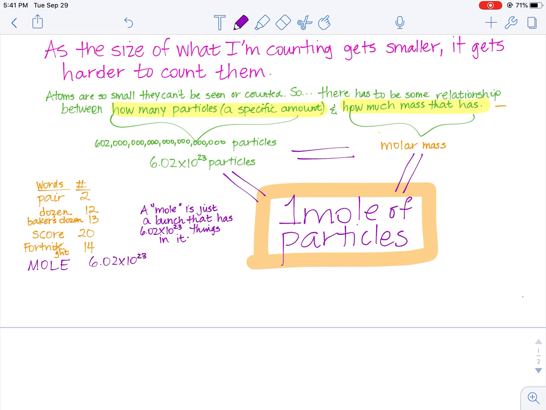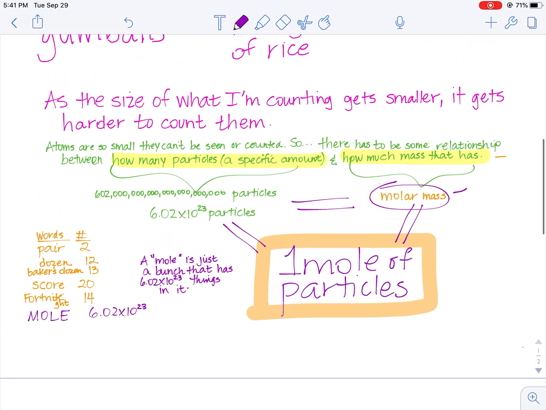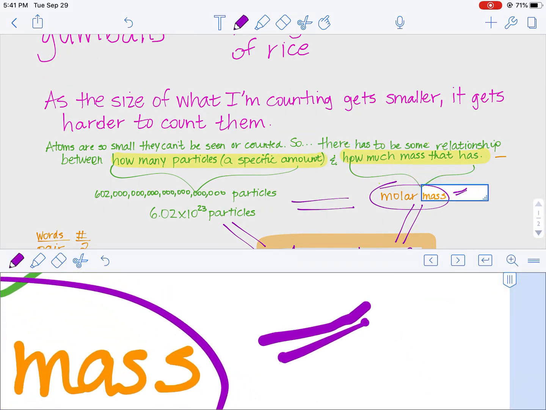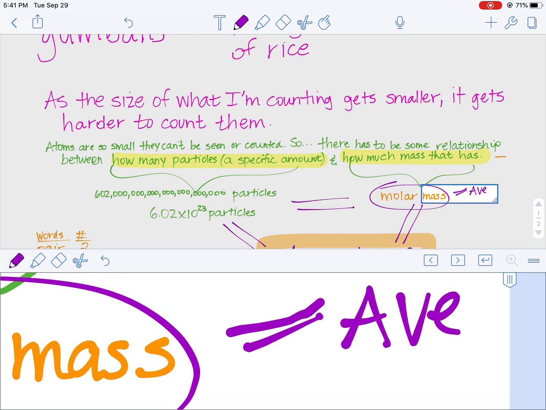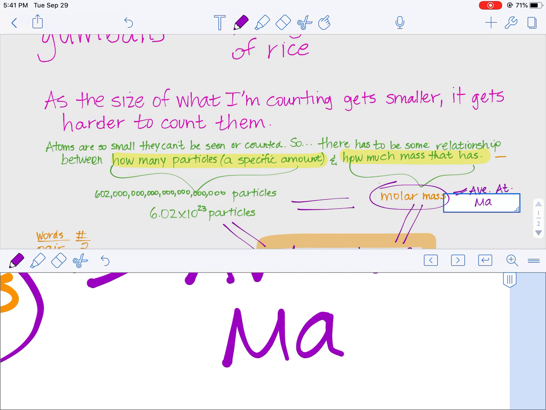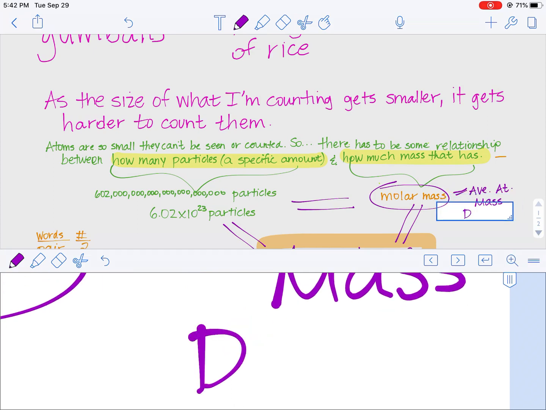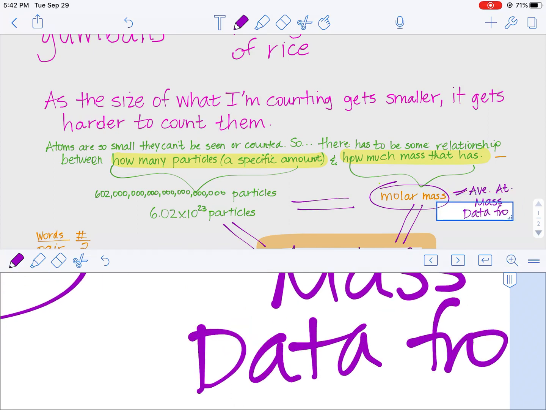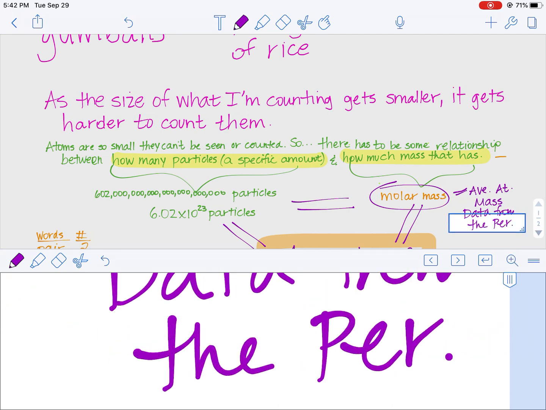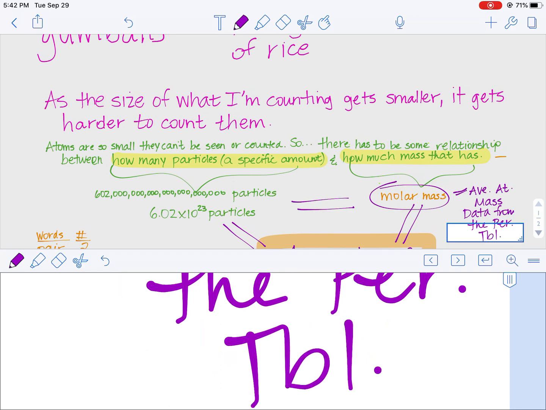And in terms of knowing how much it masses or how much it weighs, that's going to be the average atomic mass data from the periodic table. Isn't it beautiful how all of our lessons are starting to build and relate to each other?